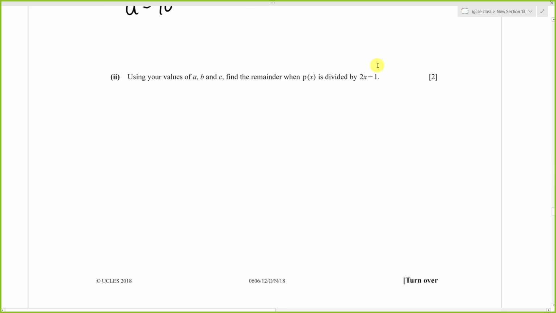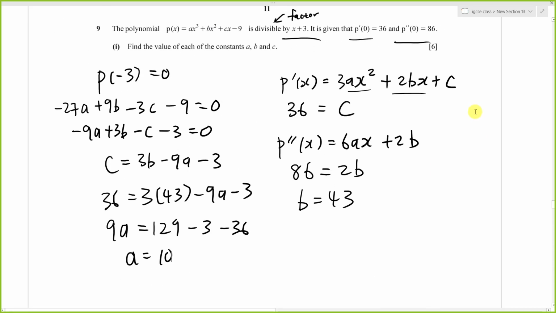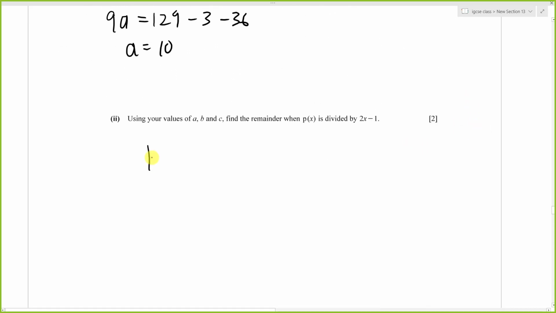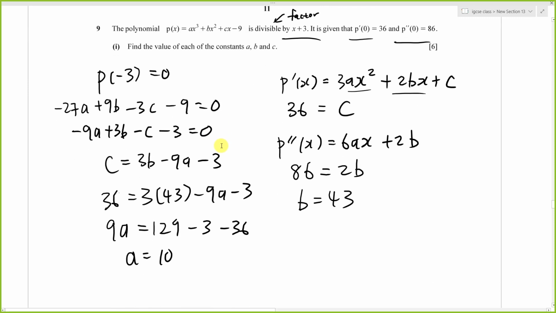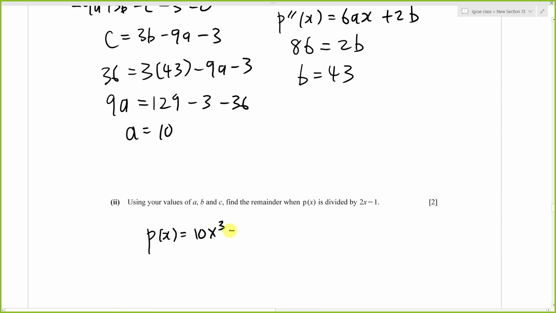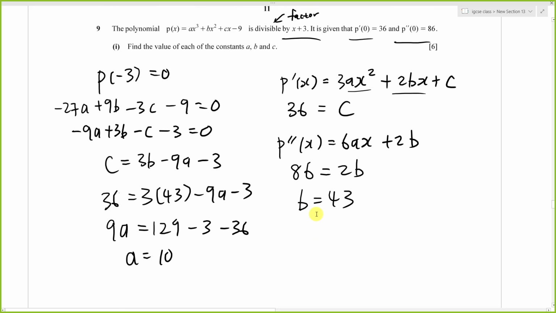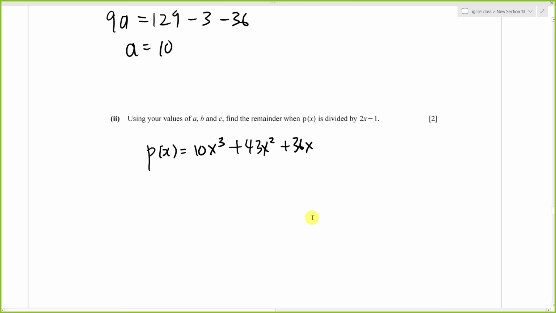Okay, using your values of a, b, and c, find the remainder when p(x) is divided by 2x minus 1. So I will plug into my p(x), which equals 10x cubed plus 43x squared plus 36x minus 9.